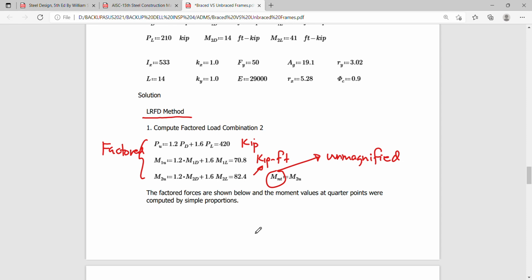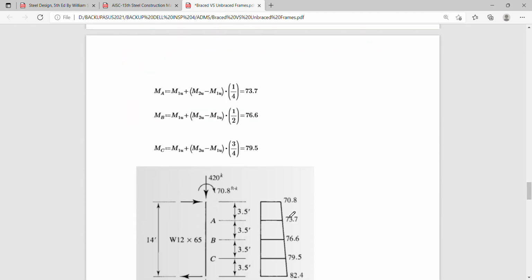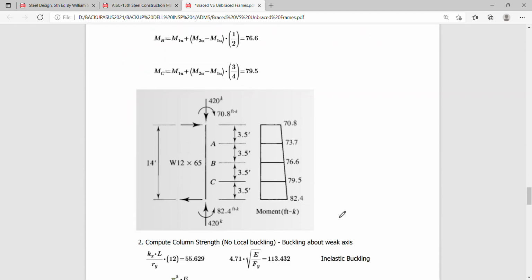So the factored forces are now shown, and the moment values at quarter points were computed by simple proportions. So this is now the summary of the moments and loads that I have computed, applying it on the particular column to be considered.